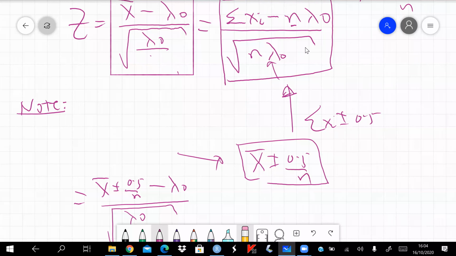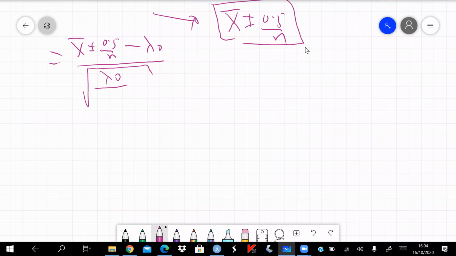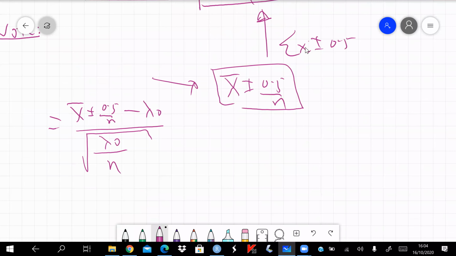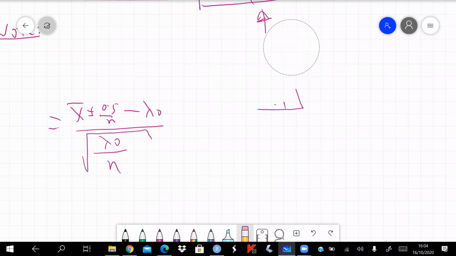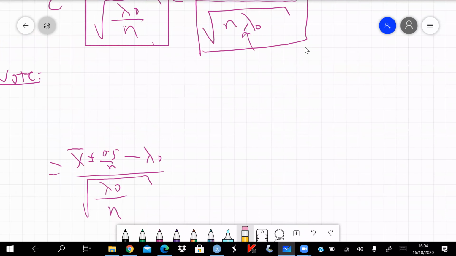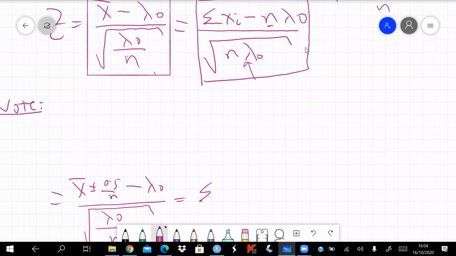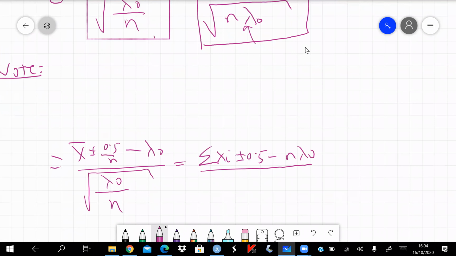This is not n naught, this is just n. And if you want to use the other version, you do not divide by n. You're going to have the summation of the xi's plus or minus 0.5, minus n lambda naught, divided by the square root of n lambda naught. So that's how you incorporate the correction factor in both cases.